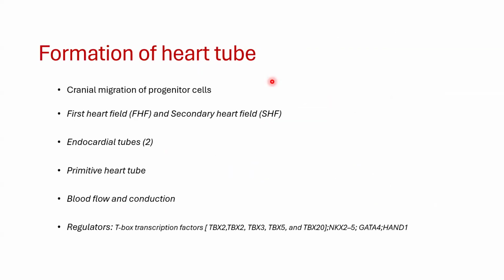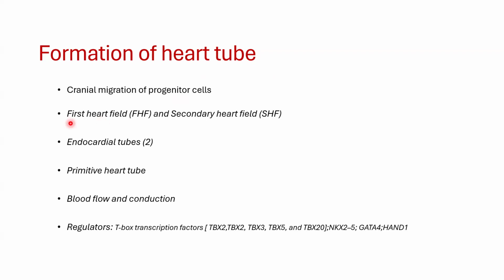So after these cells have been committed and devoted to building the heart, then the next thing is that they now have to get into the business of shaping themselves into the heart. So the cells aggregate at the cranial part of the gastrula, and then they develop myocardial cells in two forms.